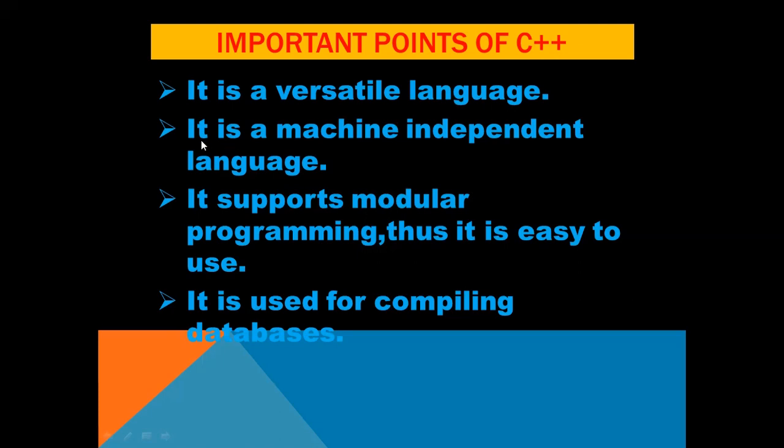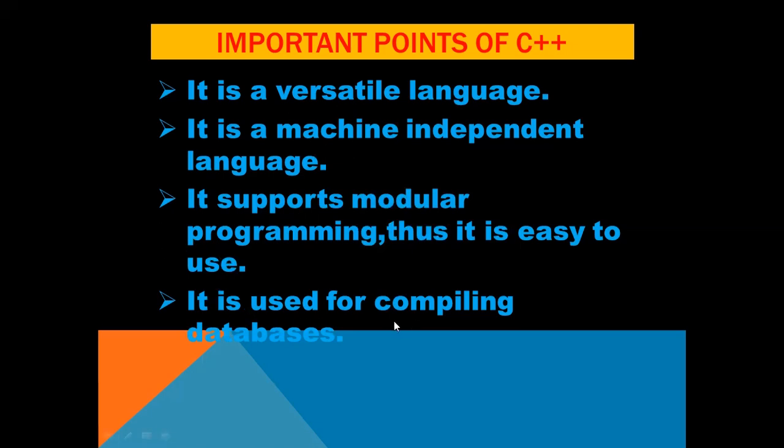Then, since it is a high-level language, it is machine independent. Then it supports modular programming. Why? Modular means we can divide our program into parts and write it in parts, right? Similarly, the computer can execute, compile or run the programs in parts, and thus it is easy to use.